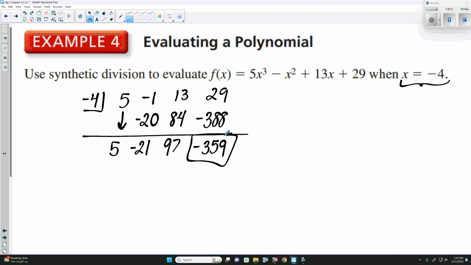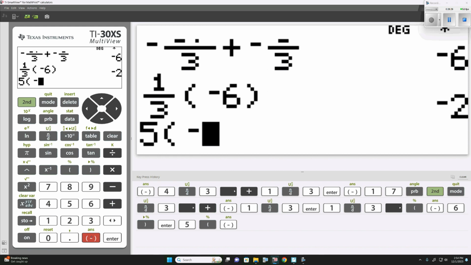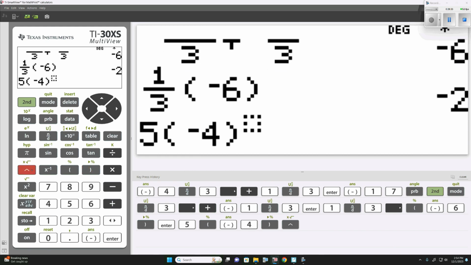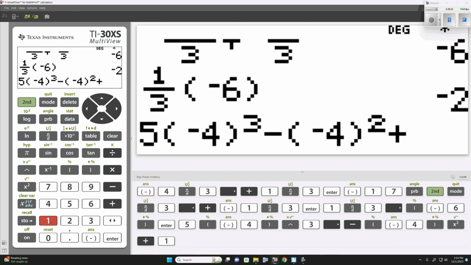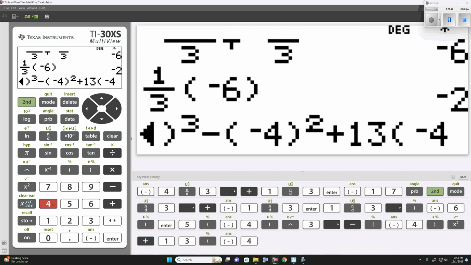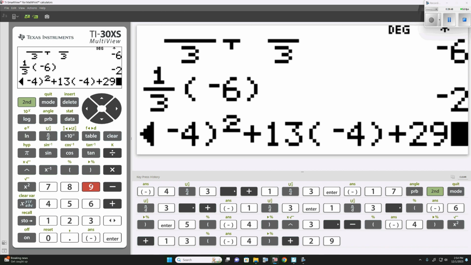Questions on this here? Now let's actually evaluate this the way that we did on Monday. Because if we evaluated it like that, we would say 5 times negative 4 to the third minus negative 4 squared plus 13 times negative 4 plus 29. Yes?